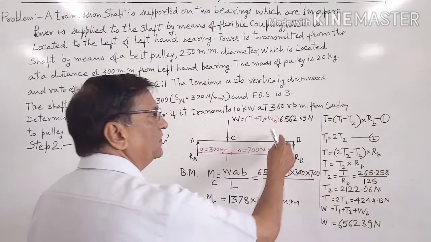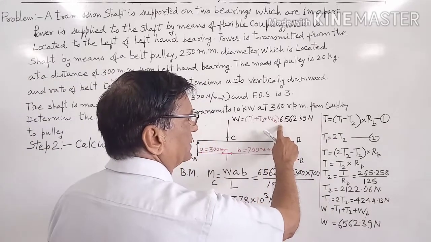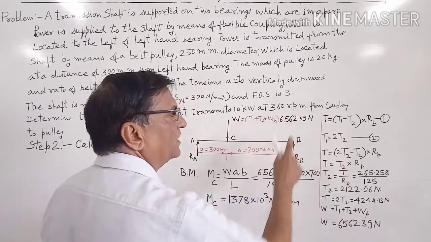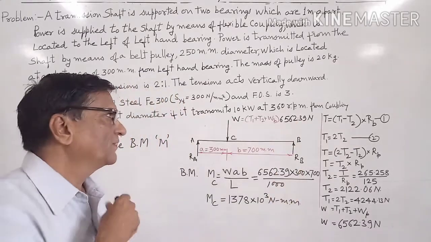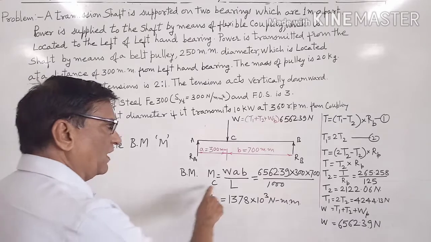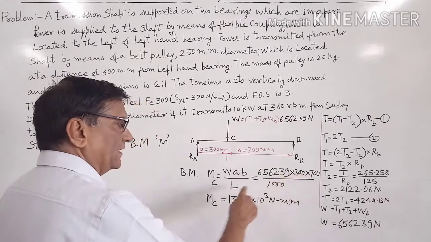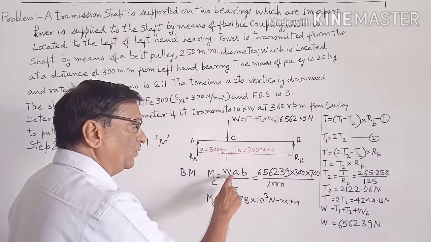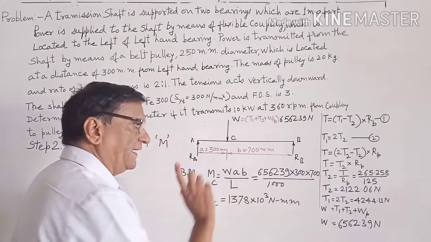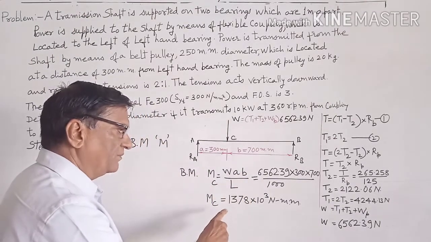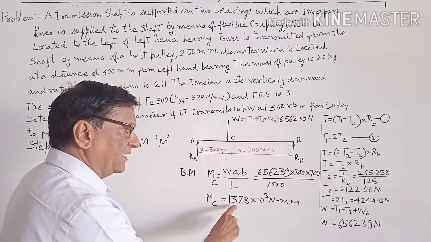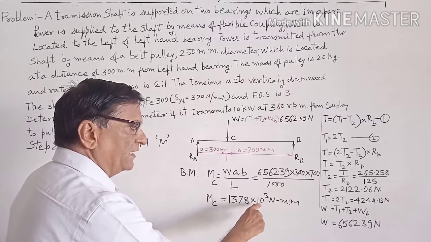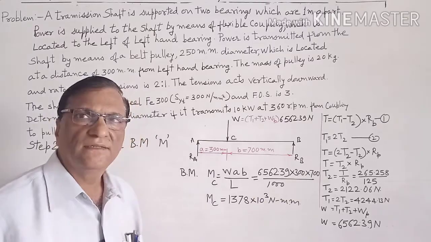That comes out to be 6562.39 Newton. So from this formula we will calculate the value of bending moment by substituting the values of W, A, B and L. That comes out to be 1378 into 10 raised to 3 Newton millimeter.